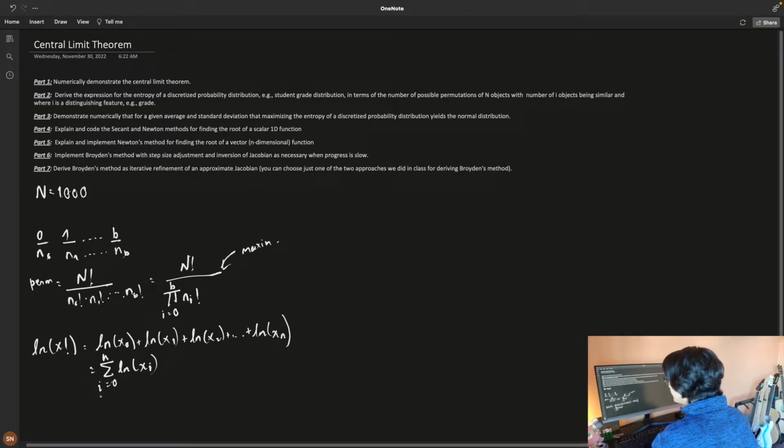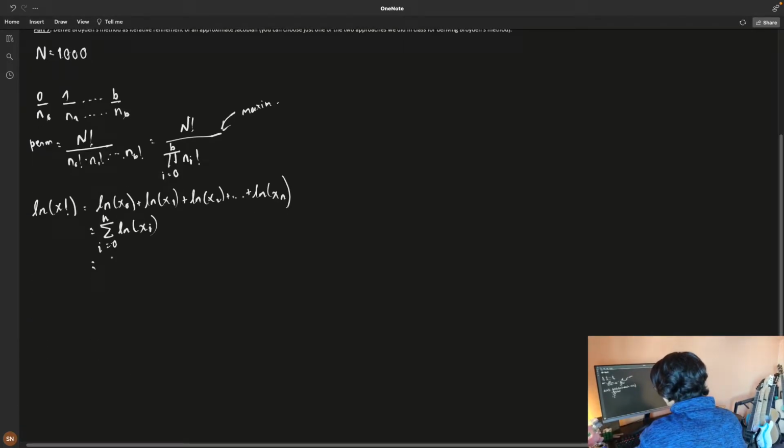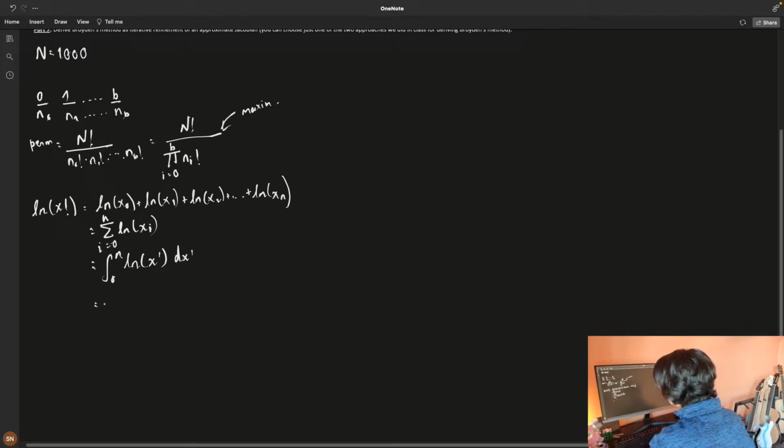Now, we can do an integration approximation of this summation. So basically it goes from 0 to n, of ln of x with respect to dx. After this we can also do a trapezoid approximation, which basically tells us that this would be equal to x times natural log of x minus x plus 1.